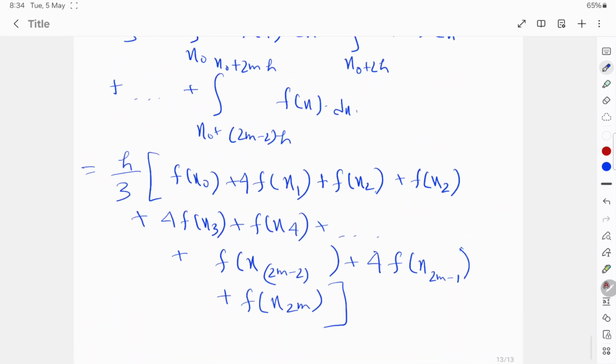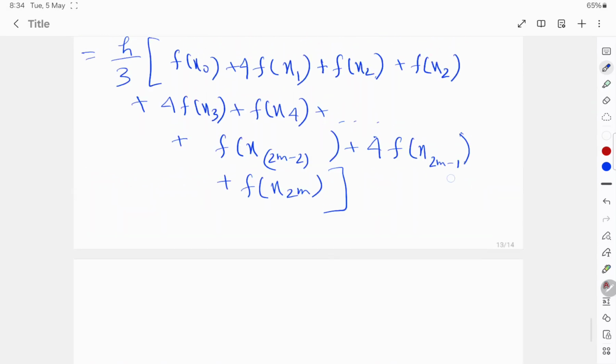So this is done. Now you just see what terms you are getting. Basically for all the odd indices the coefficient is 4, right? And all the even indices, basically the middle ones, f of x2 appears 2 times, similarly f of x4 will appear 2 times, but the first and the end terms appear only once.